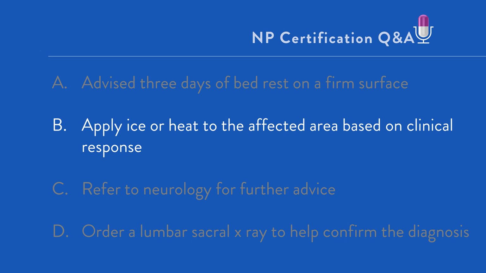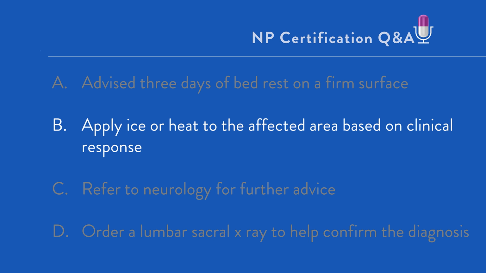Quite often people have never tried ice on a muscular issue, and they're quite happy with the results because they get such good pain control. Additional advice, of course, would include prescribing an NSAID or acetaminophen and likely referral to physical therapy with the goal of learning about body mechanics and core strengthening exercise.